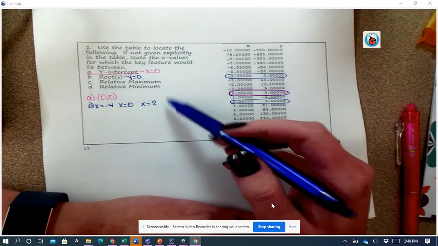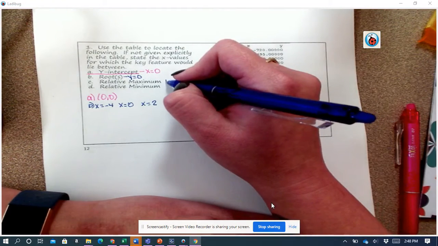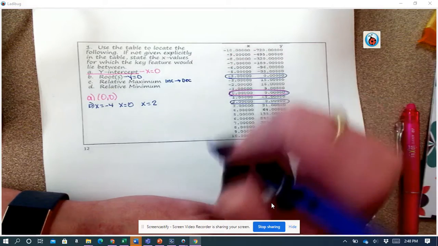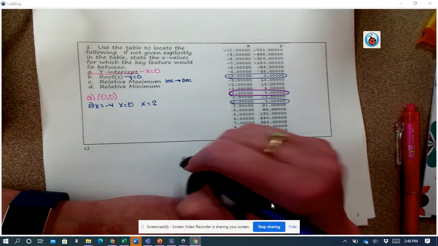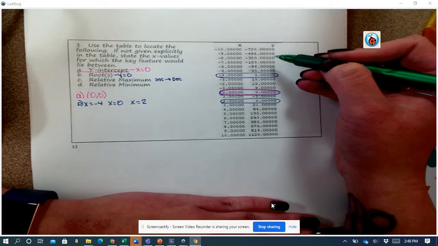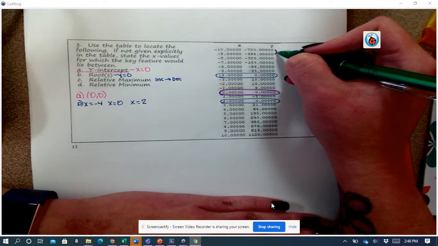Okay, a relative maximum is if we're increasing and then it changes to decreasing. So how do we know that? We're going to take a look at our values. So we're going to look over here at y, and I put a little squiggly thing here.